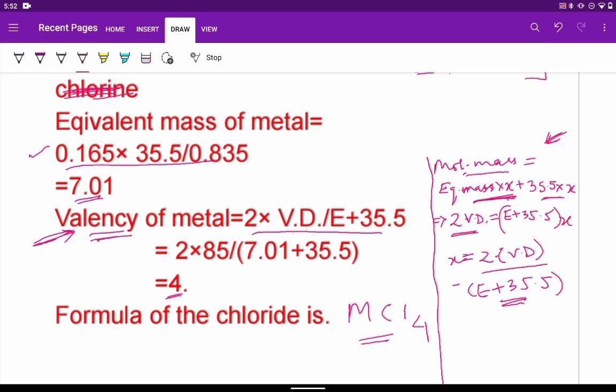So molecular mass will be equal to equivalent mass into valency, which is X, plus 35.5 into X. Molecular mass is also equal to 2 into Vd, as we have already seen. That is equal to E plus 35.5, into X. So X will be equal to 2 into Vd divided by E plus 35.5. This only we have used here to find the valency. So by putting all the values we get valency 4. So the formula of the chloride will be MCl4.